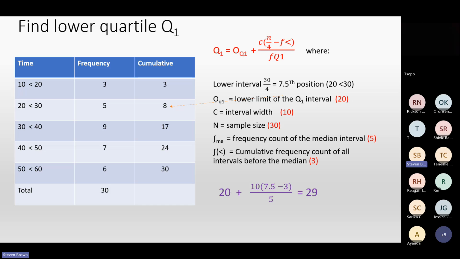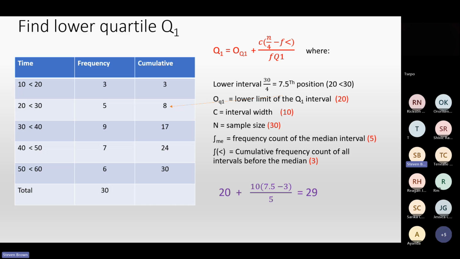So we get 30 divided by 4, which gives you 7.5. Now we go exactly the same route again, and we go to our cumulative column and find where 7.5 falls in. Remember, for your median, you wanted to find where your 15 fell in, because that was 30 divided by 2. Here, you're looking at your first quartile, because it's 30 divided by 4.